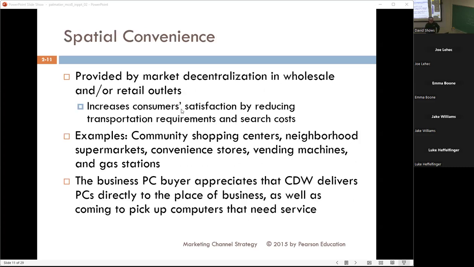The next is spatial convenience. Spatial is what it sounds like, how close it is to us. In a market where retail outlets are scattered everywhere, the greater number of retail outlets reduces our transportation cost and our search cost, and increases our customer satisfaction, especially for convenience items.